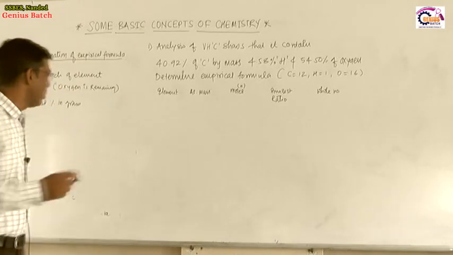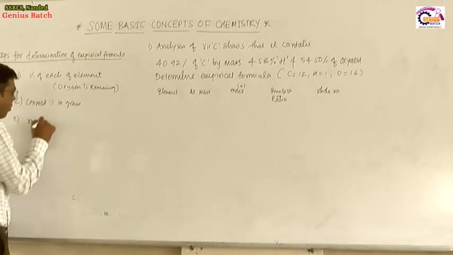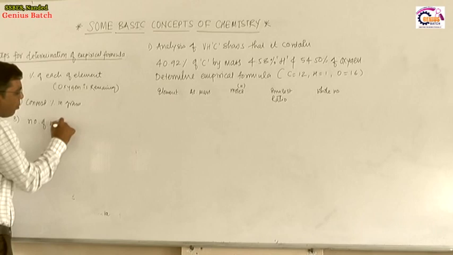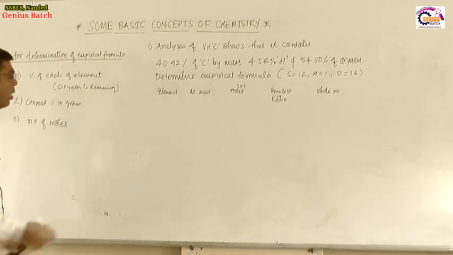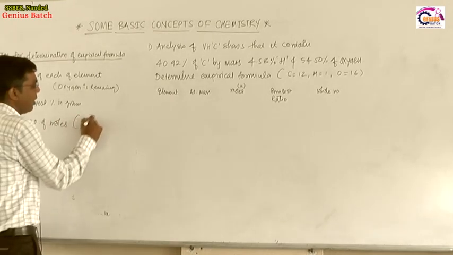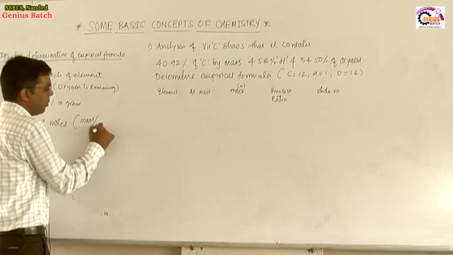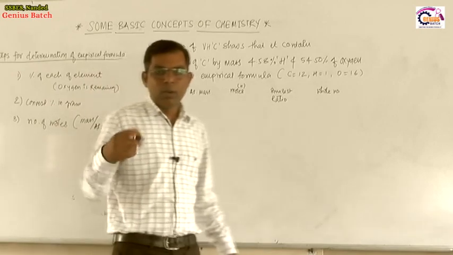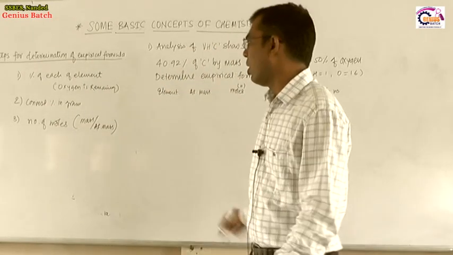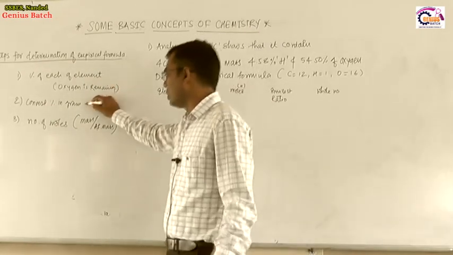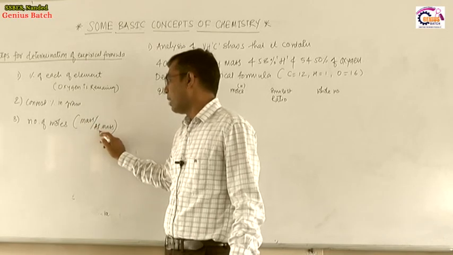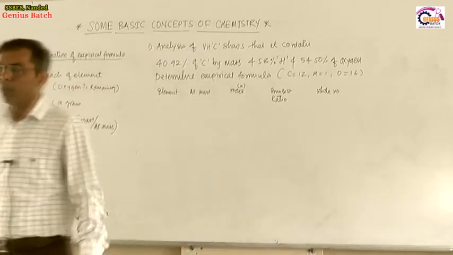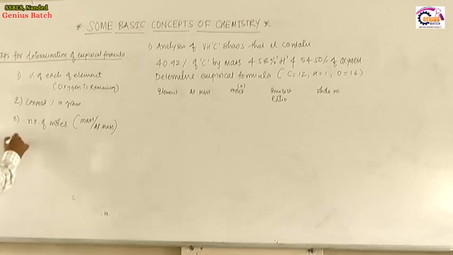Then the third step, calculate the number of moles of each element. How is it calculated? It is calculated by the formula: mass divided by atomic mass. By dividing the mass by its atomic mass, we get the number of moles of that element.